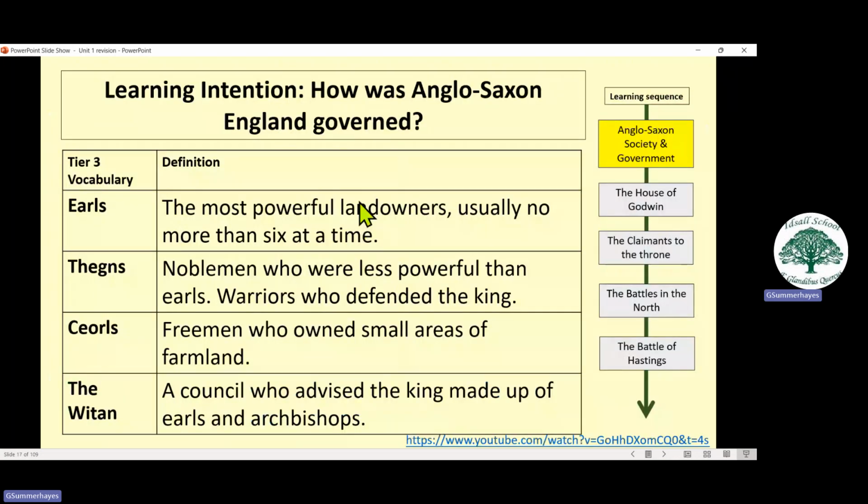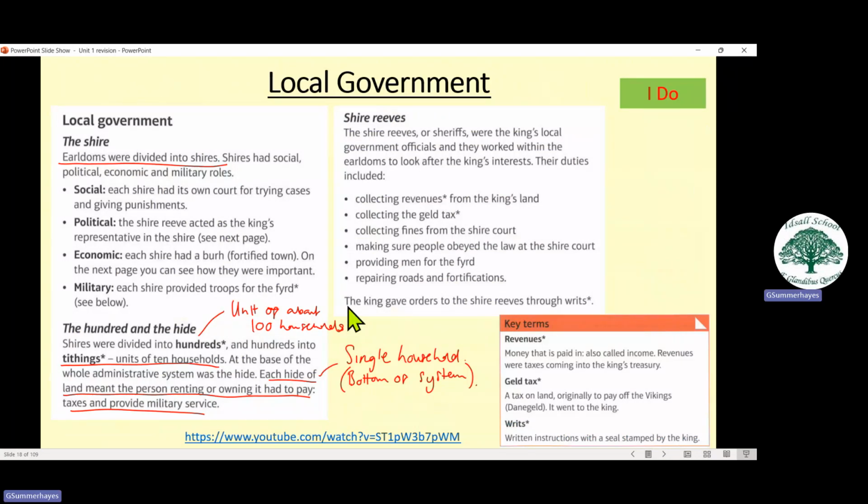But I'm moving on to how Anglo-Saxon England was governed. So we've seen the earldoms. Within the earldoms, there are shires, which are the basis of our counties today. In fact, county is just the French word for shire, which is why we call them counties.